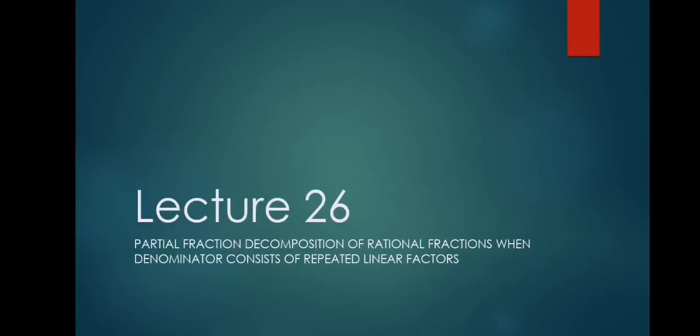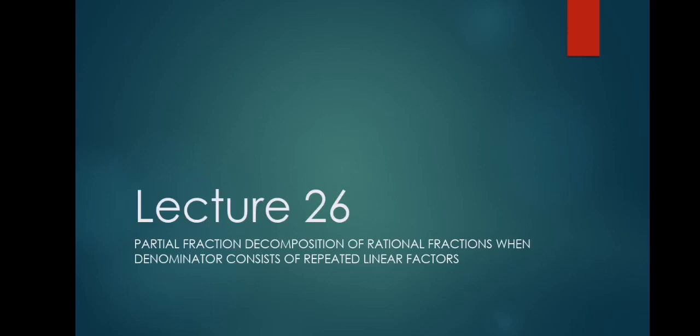The content of lecture number 26, as you can see, is partial fraction decomposition of rational fractions when the denominator consists of repeated linear factors. First, we did the partial fraction decomposition of those algebraic fractions in which the denominator consisted of linear but non-repeated factors.